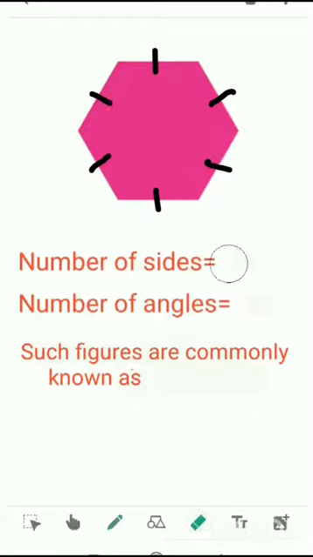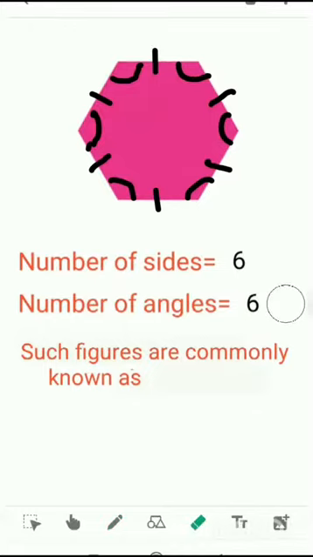The number of sides is equal to 6. What about the number of angles? 1, 2, 3, 4, 5 and 6. Number of angles is equal to 6.